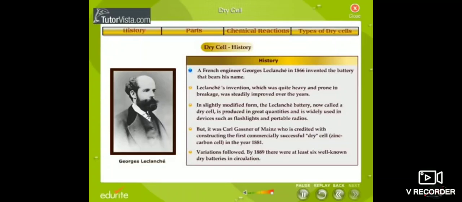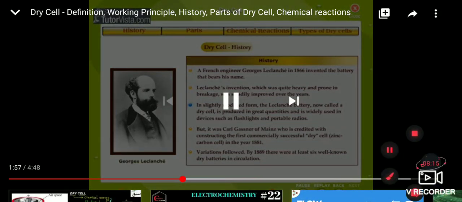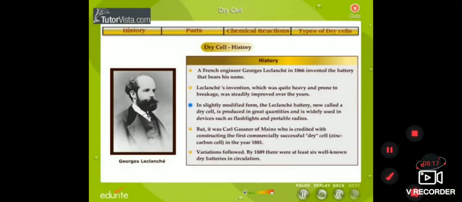A French engineer, Georges Leclanche, in 1866 invented the battery that bears his name. Leclanche's invention, which was quite heavy and prone to breakage, was steadily improved over the years. In slightly modified form, the Leclanche battery, now called a dry cell, is produced in great quantities and is widely used in devices such as flashlights and portable radios.